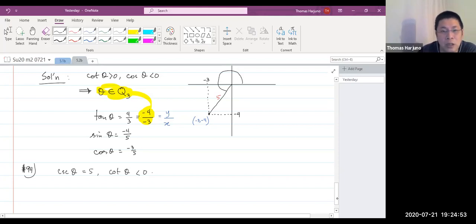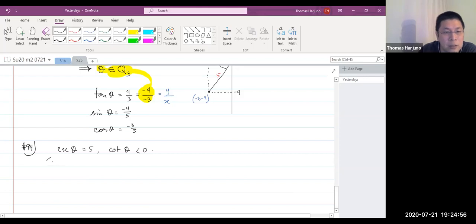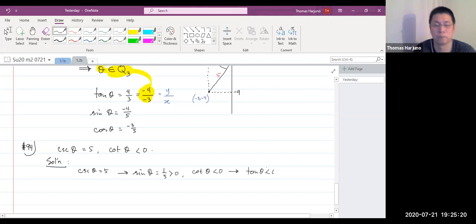Cosecant theta is 5 implies the reciprocal, sine theta, is +1/5. Cotangent theta is negative implies tangent theta, the reciprocal, is also negative. Sine positive, tangent negative, so theta is in quadrant 2.